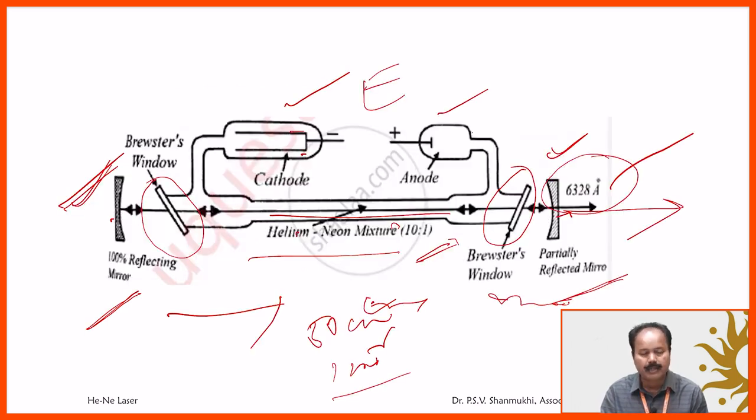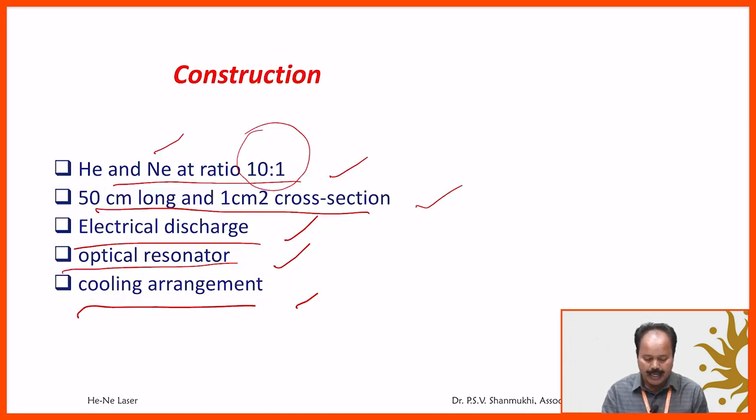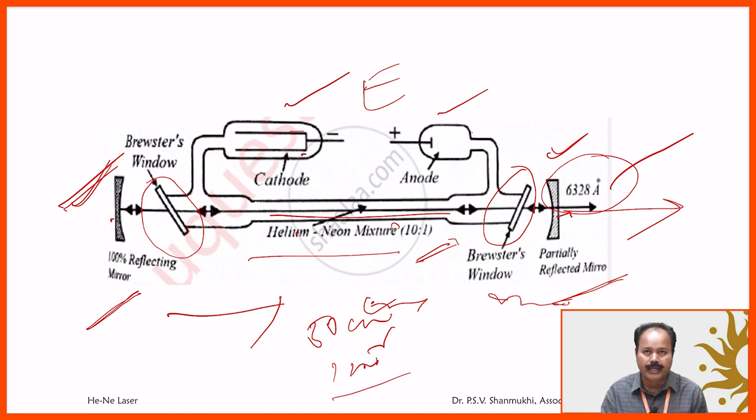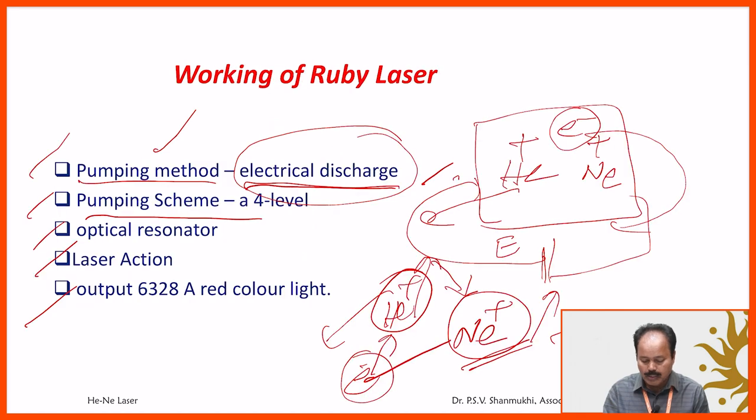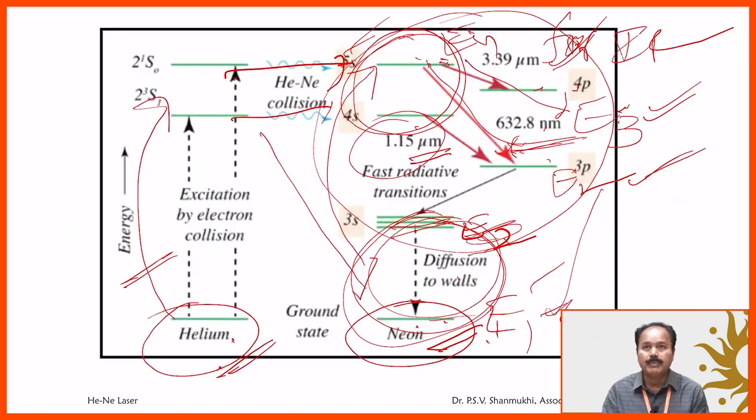Yes, there is an optical resonator arrangement by 2 mirrors provided on either side of the glass chamber. Is there any cooling arrangement? Definitely there is a cooling arrangement. Water circulation will be provided so that any thermal energy generated is cooled.